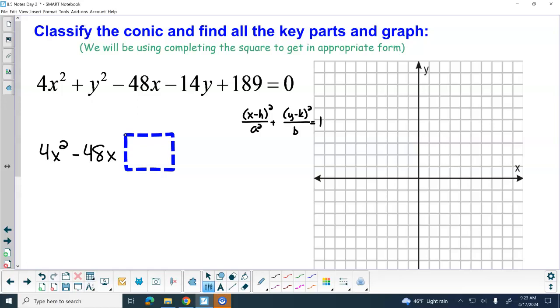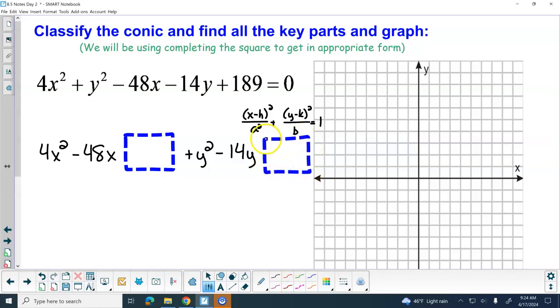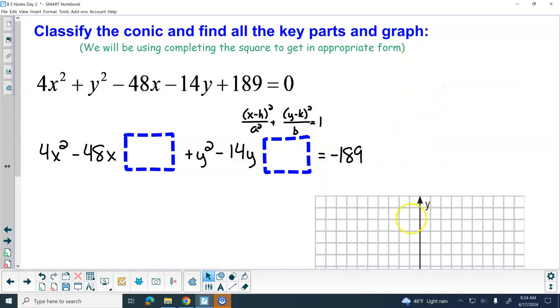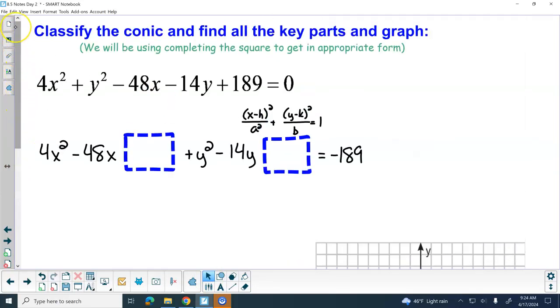If you want to be one of those people, by all means, become one of those people. Then we've got plus y squared minus 14y, then yet another box, and then that would equal negative 189.